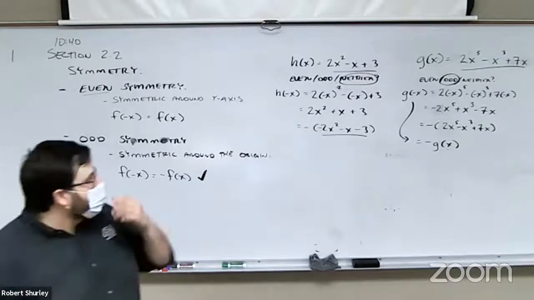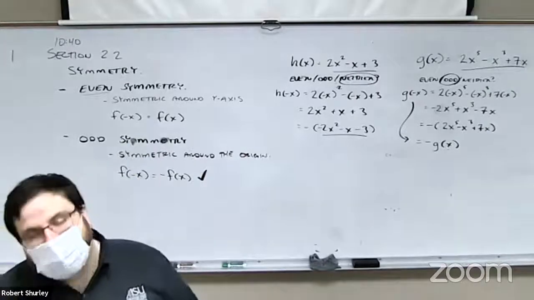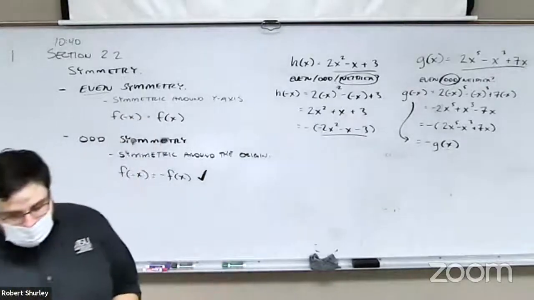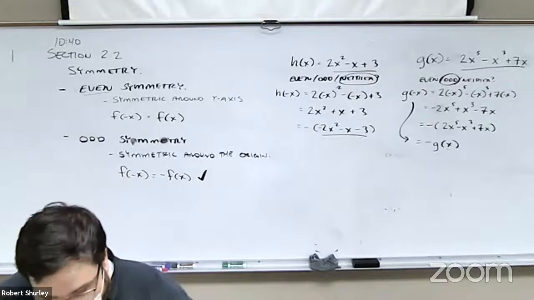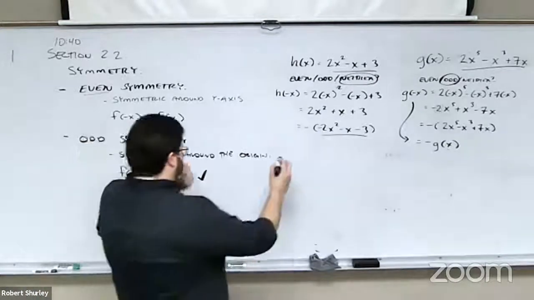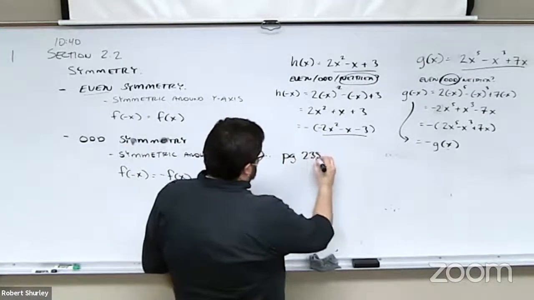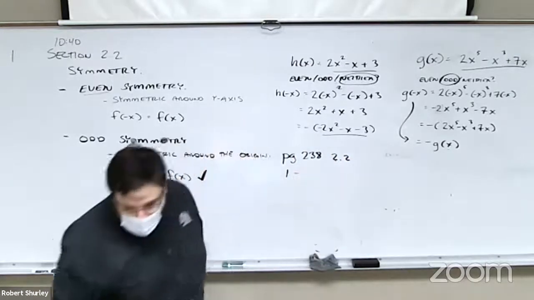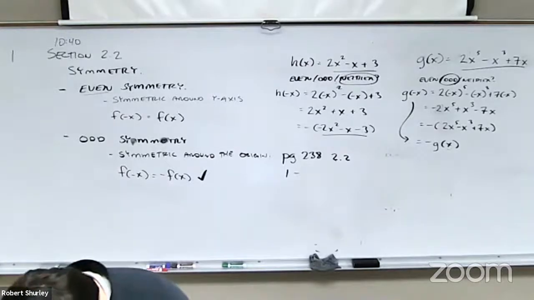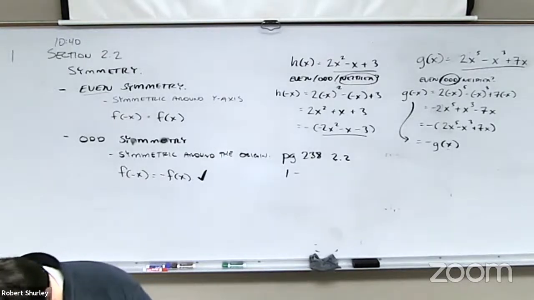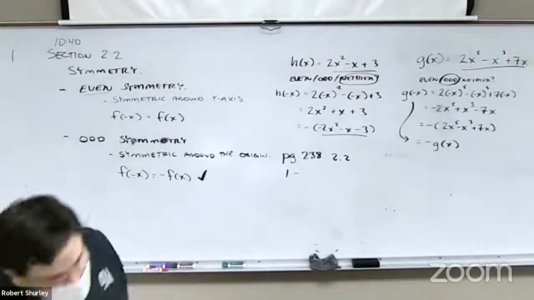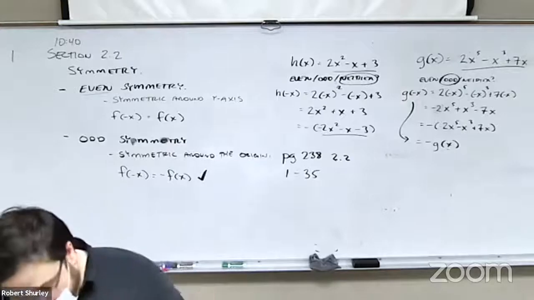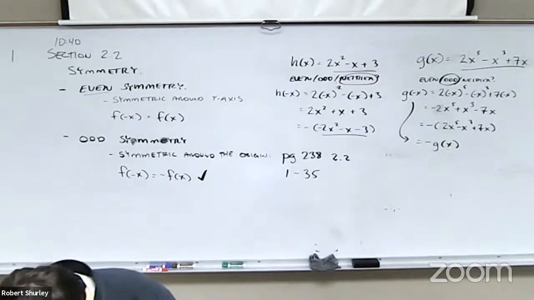Okay? I've run out of time. There is one more concept I'm going to go over at the beginning of next lecture, which is the piecewise function section. So for now, for homework, it starts on page 238, section 2.2. I want you to start on number 1 and go to 35. And then I'm going to skip over the piecewise function stuff.